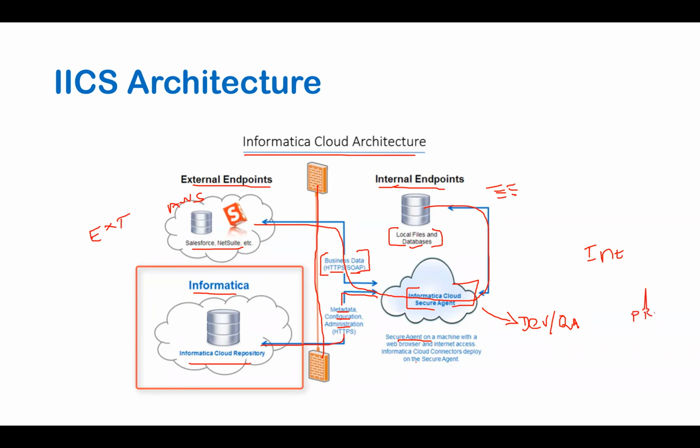So the prod secured agent will be a different one. You'll see this whenever you are logged into the system, the secured agent only. So this is our IICS architecture. What is IICS? Informatica Intelligent Cloud Services.